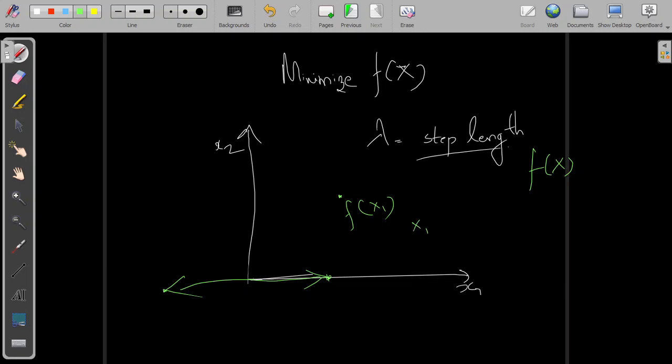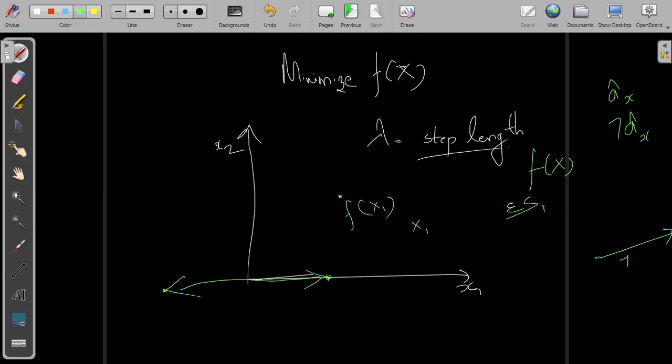First of all, we consider an arbitrary length epsilon, and we multiply this length with the direction, that is epsilon s1. Like in vector algebra, you have a unit vector ax, and you multiply this unit vector ax with a magnitude 7. So 7 ax is a vector with magnitude 7 in the unit vector ax direction. In the same manner, epsilon s1 is there.